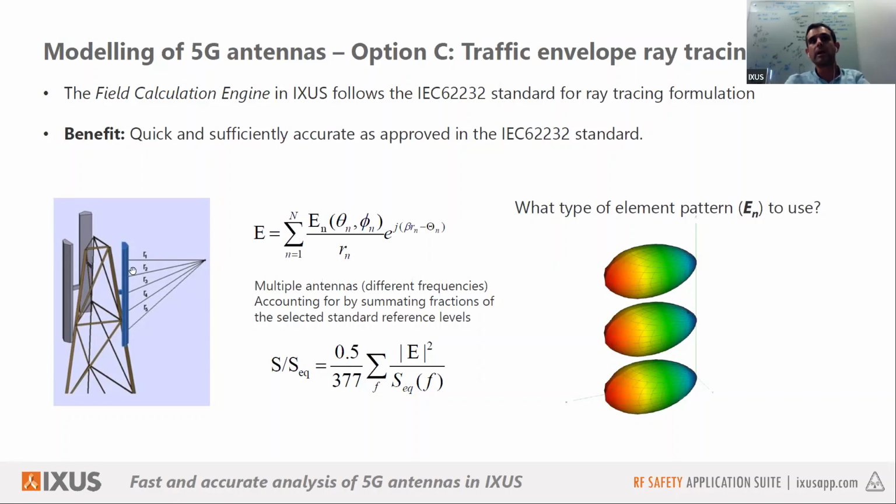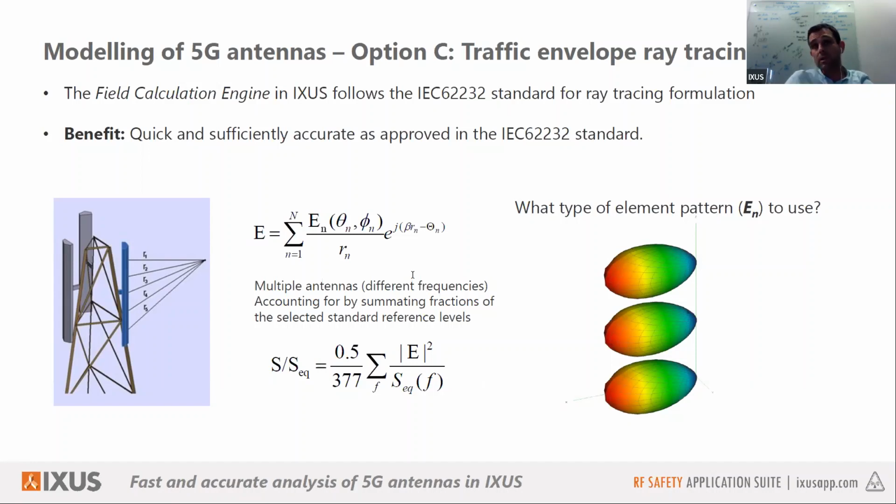By choosing an appropriate function for this element pattern, we can calculate the electric field at any point, and then from the electric field, we can go back and calculate power spectral density. Then we can use the limits of the particular standard, like FCC or ICNIRP, to relate it to what we call the exclusion zones, or the regions where it is unsafe to be in.